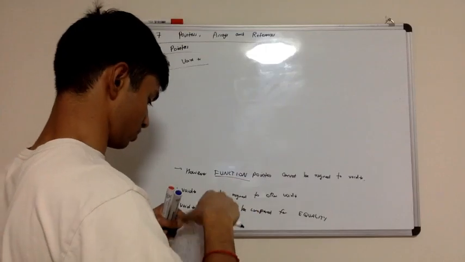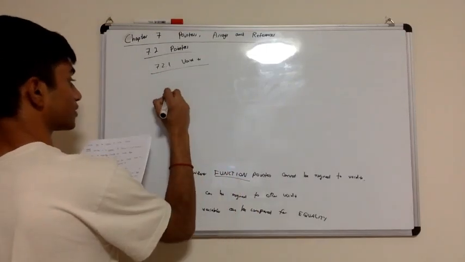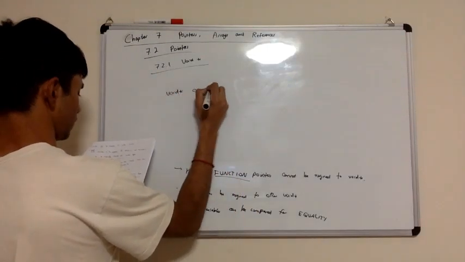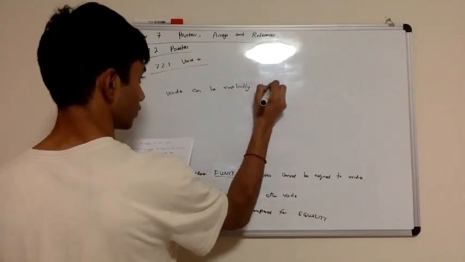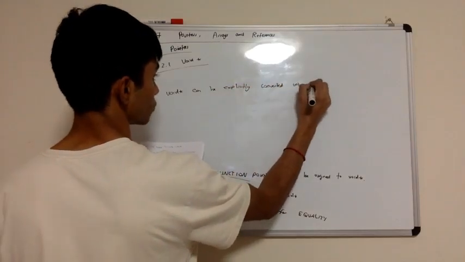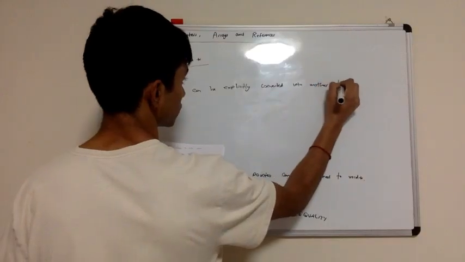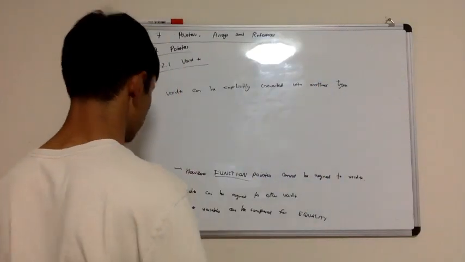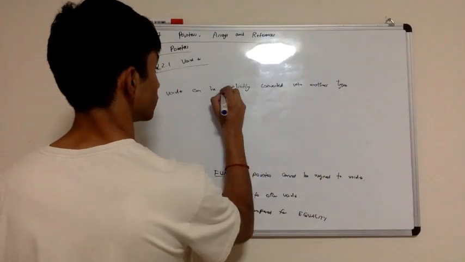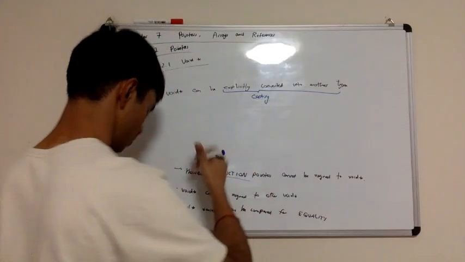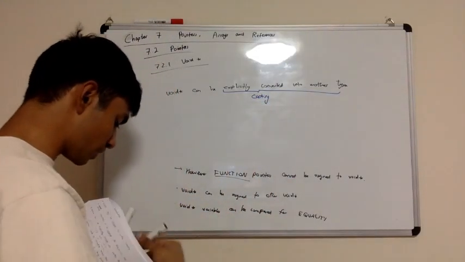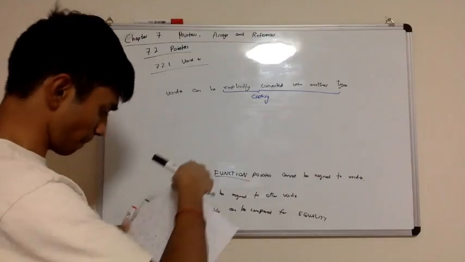Now, this is where things get a bit tricky. Void star can be explicitly converted into another type. The idea of converting a type explicitly is called casting. But it can be a little bit awkward or tricky.